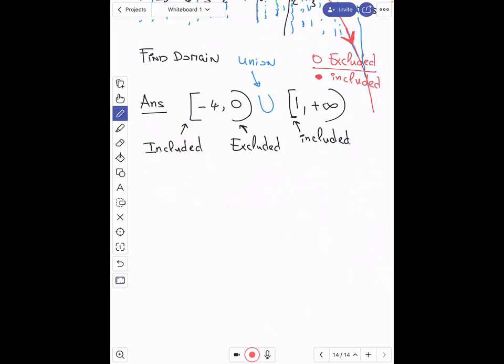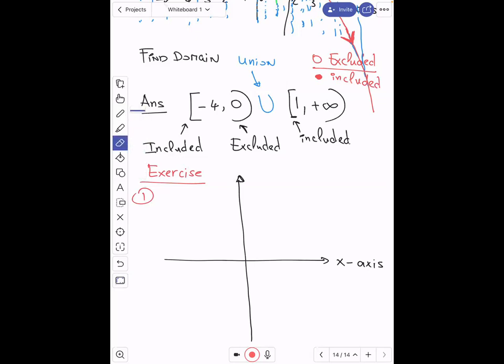All right, so here's an exercise. Let's do two graphs. First graph right here. X-axis. So positive infinity, of course. Here's negative infinity. This is negative 1, negative 2, 1, 2, negative 4.